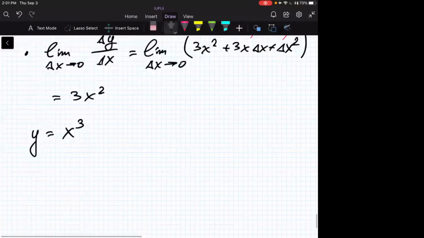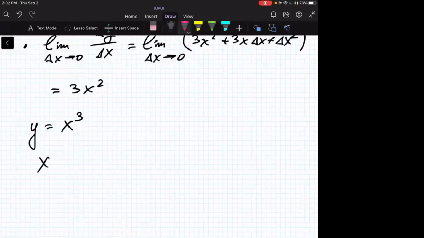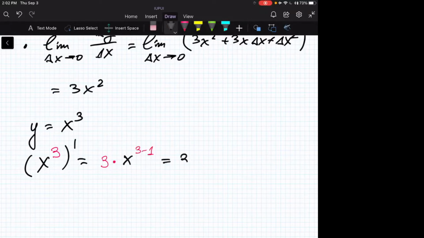So I have this, and I want to calculate this derivative. And so how do I do that? I put the power in front of my function. So first I write 3, and then multiply by x to the power which is 1 less than the initial one, 3 minus 1.